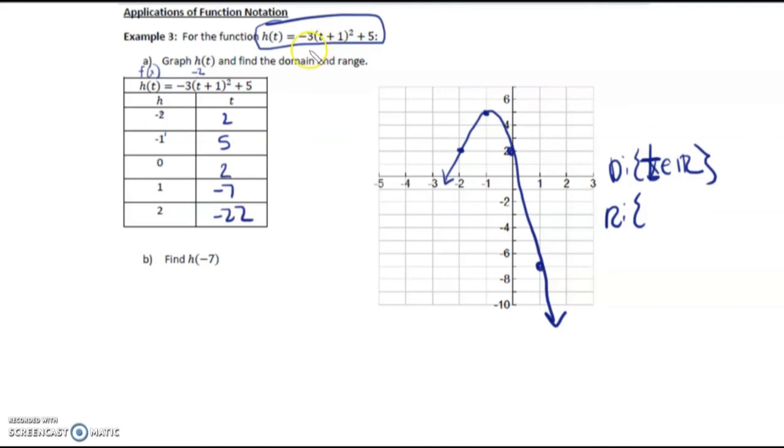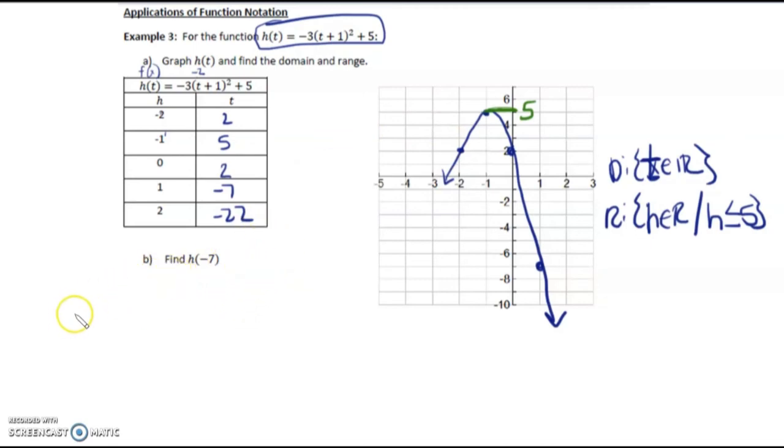Now the range is in the form h, so h ∈ R such that, and remember, what we're looking for here is the maximum or minimum value, which we have as 5. So all of the y values, or the h values, are going to be less than or equal to 5, because it's opening down.